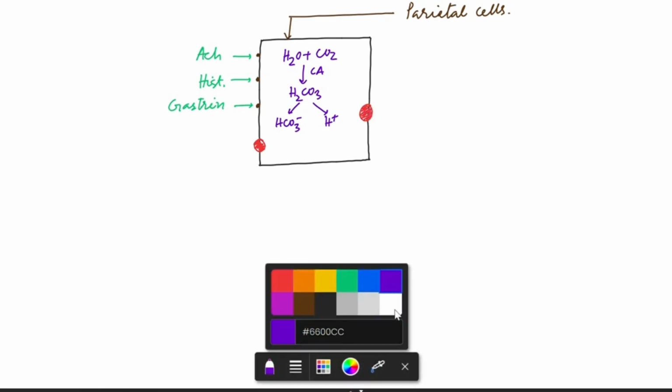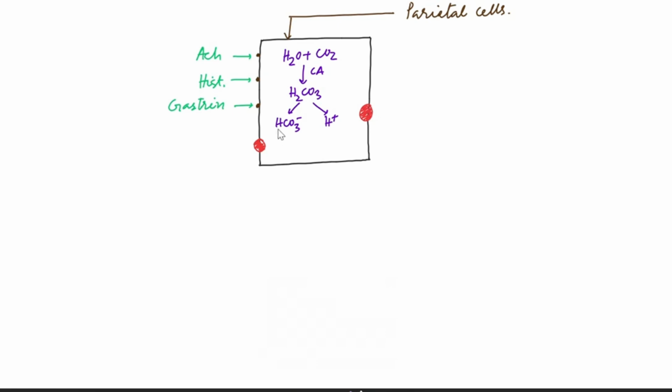Bicarbonate is released back to the bloodstream in exchange for a chloride ion. This is the Cl minus ion, which is secreted to the lumen. This is the H plus ion, secreted into the lumen in exchange for a potassium ion. And again this potassium ion goes back in.